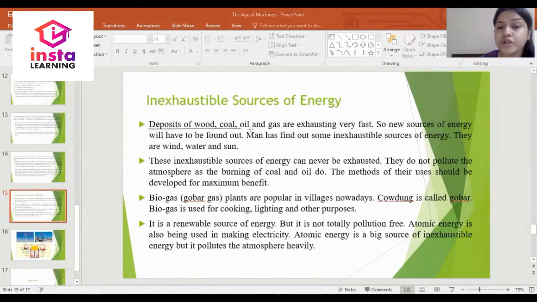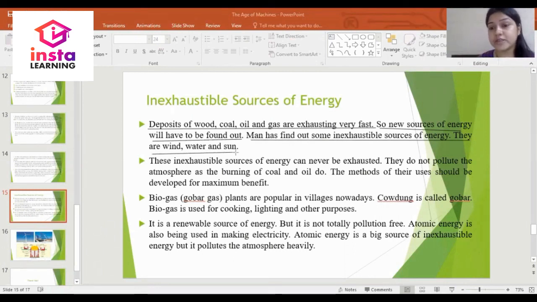Deposits of wood, coal, oil and gas are exhausting very fast. So, new sources of energy will have to be found out. Coal, wood, oil, all these natural sources will get exhausted very soon, so we will have to find new sources of energy. So man has found some inexhaustible sources of energy. They are wind, water and sun.